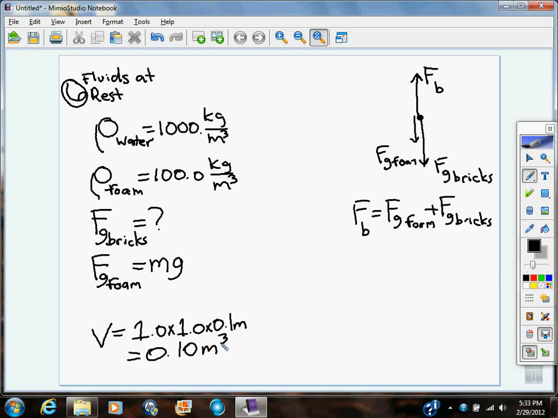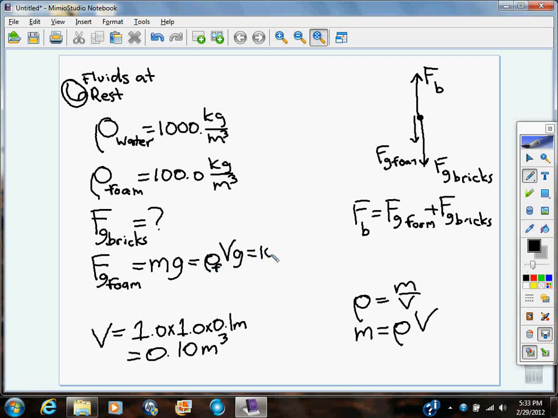So given this volume and the density, we can use the formula for density. Remember, density equals mass over volume. So that means mass is equal to density times volume. So in this case here, my F sub G of the foam, I'm going to rewrite it. Instead of mass, I'm going to use density times volume times gravity. And this density here is the density of the foam.